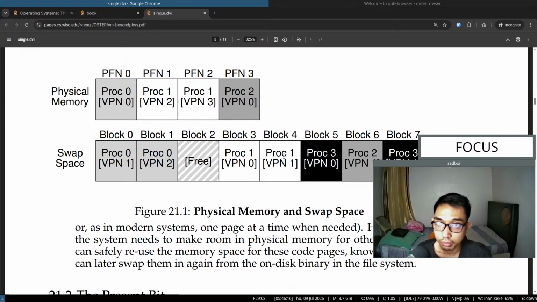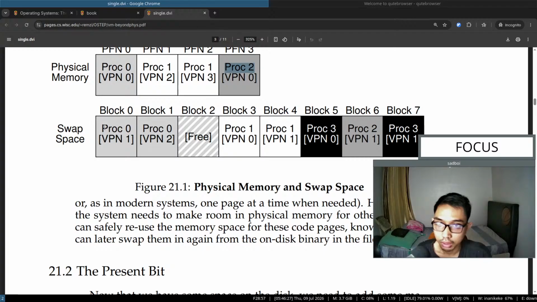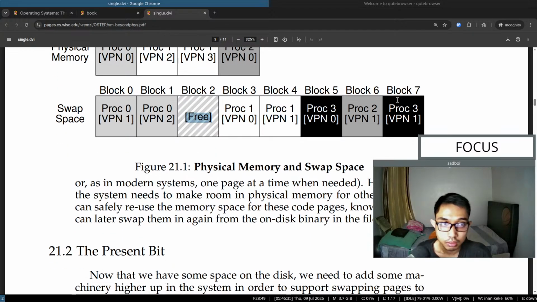Scan memory and swap space. The physical memory only has, what is it called, 4 pages, and the swap space has, I think, 8 pages, right? Okay, block 0 until block 7.